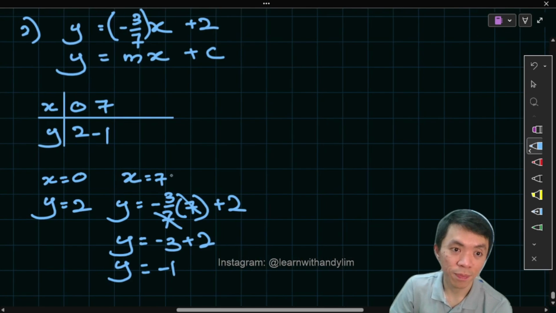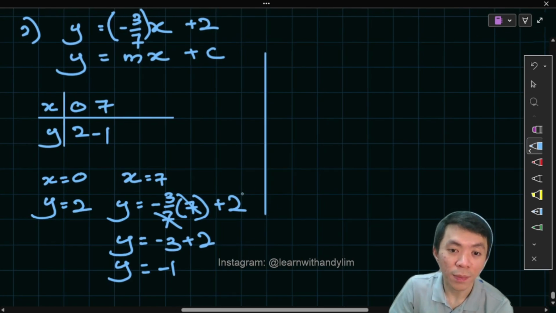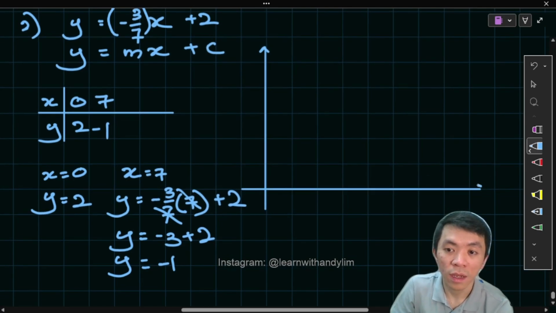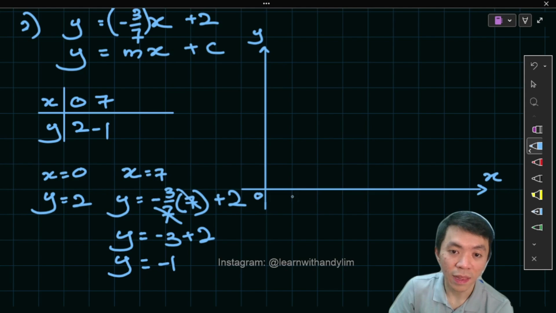Now that I have my 2 points, I'm going to try to draw this out. This is my y-axis, this is my x-axis. Let me just label this first one, 1, 2, 3, 4, 5.